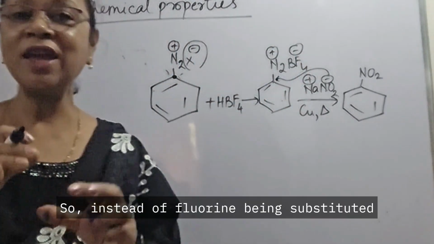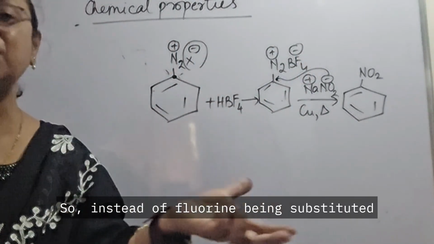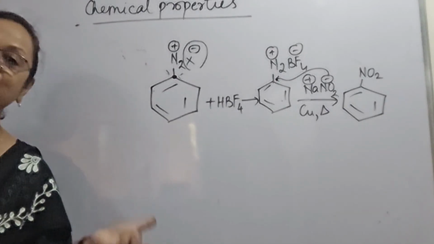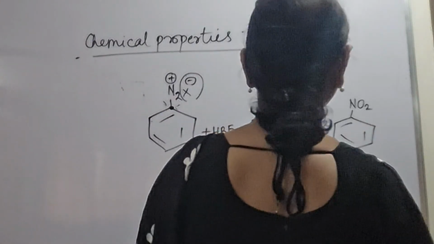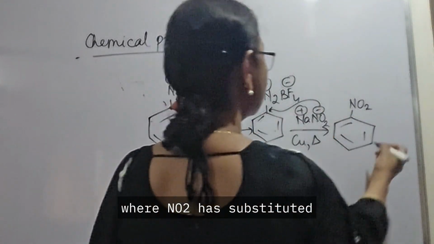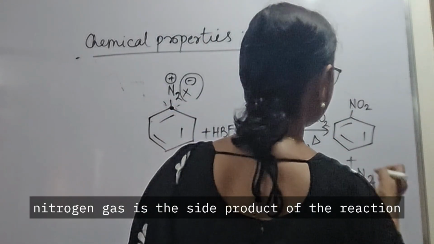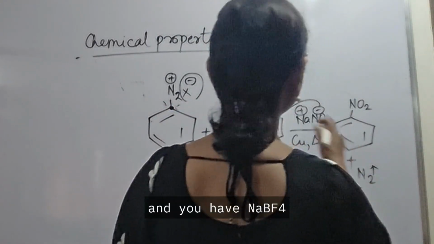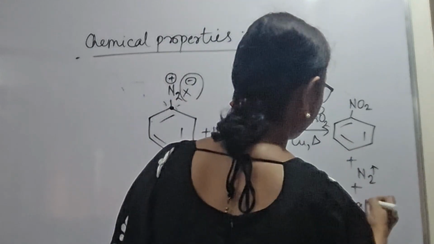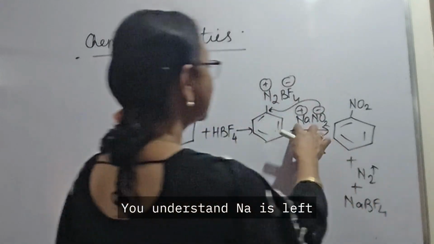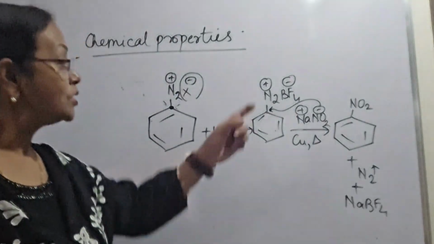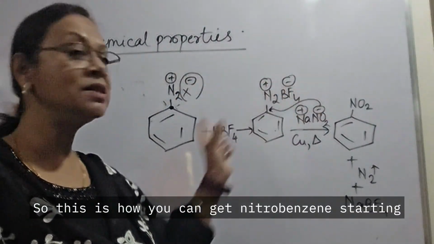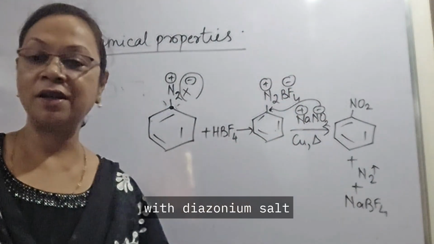So instead of fluorine being substituted, because you have put a better nucleophile, NaNO2, you will get this product, where NO2 has substituted, with nitrogen gas as the side product of the reaction, and you have NaBF4. Na is left, BF4 minus is left, so you get NaBF4. Copper is the catalyst of the reaction. So this is how you can get nitrobenzene, starting with diazonium salt.